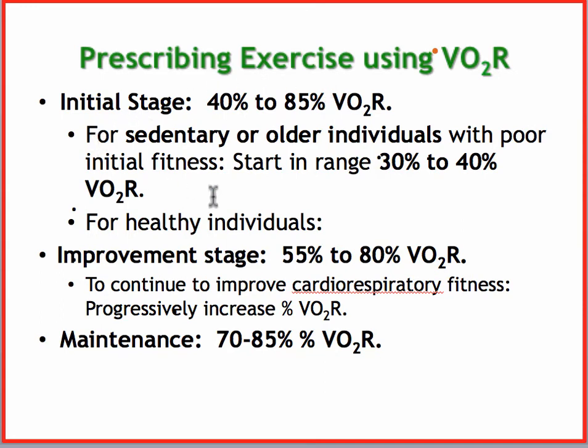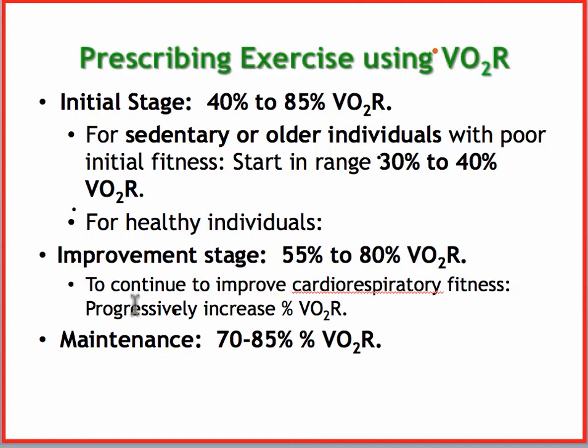And so for sedentary or older individuals with poor initial fitness, you want to start them at a lower VO2 reserve. For healthy individuals, you might be able to start them right at the improvement stage. In the improvement stage, intensity increases, and now you may want to use 55 to 80% of someone's VO2 reserve to improve their cardiorespiratory fitness levels.